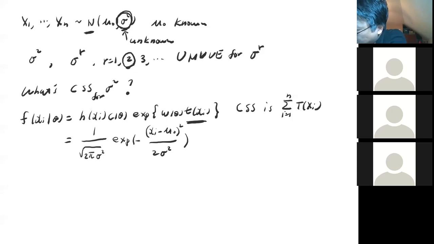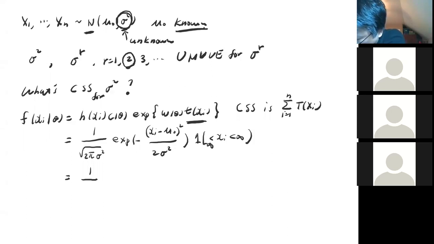Again, mu0 is a constant, a known quantity. So you just claim what is h(x), xi from minus infinity to infinity.